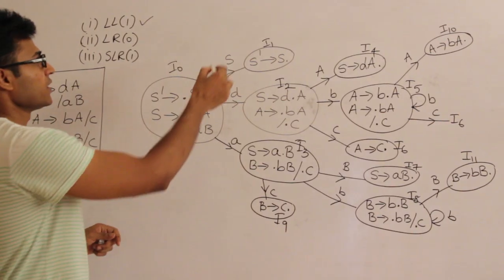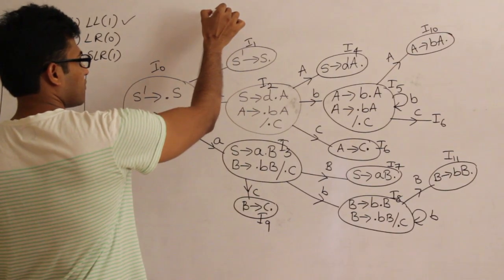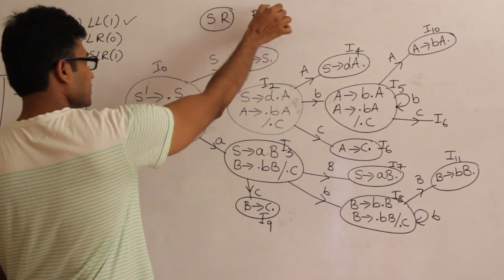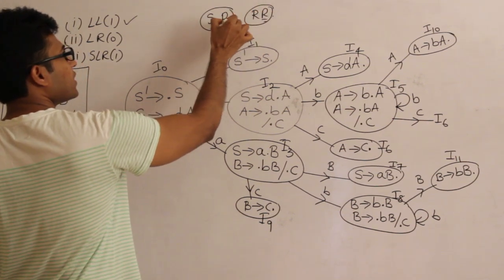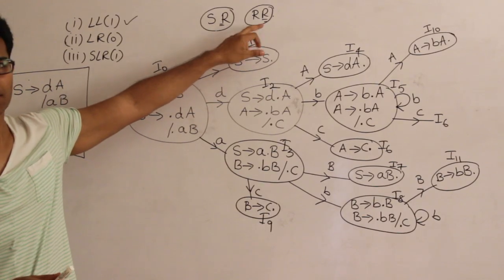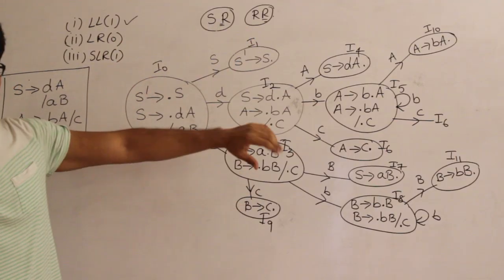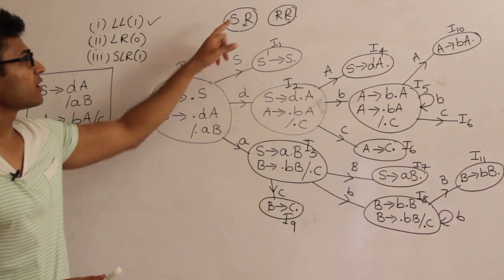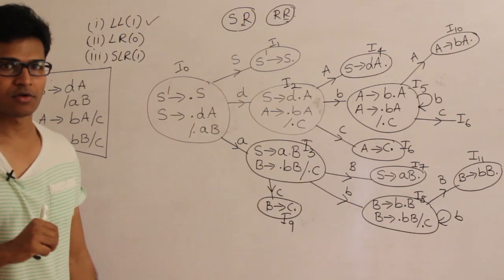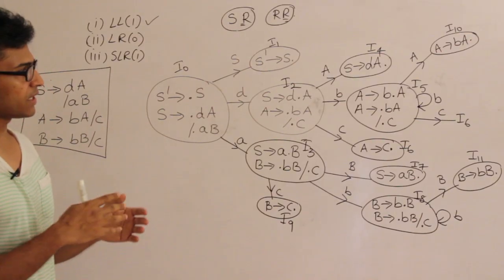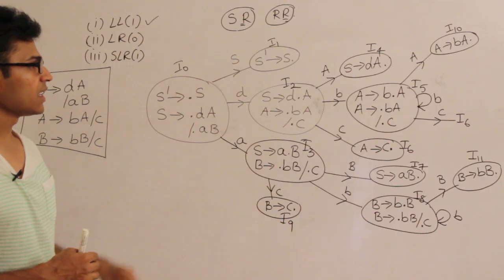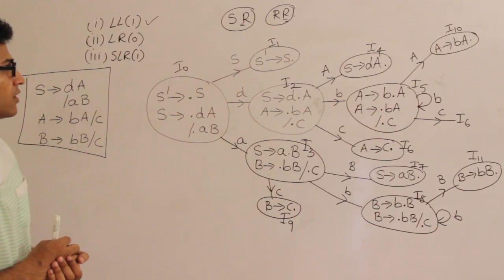There are two types of conflicts, SR and RR. A reduce move is a must for any conflict, so conflicts occur only in states having reduce moves. Whenever you get a final item, stop and check for a conflict before going ahead. So construct the canonical collection of LR0 items and go into the states where there are final items.